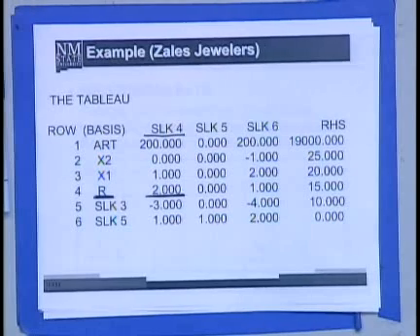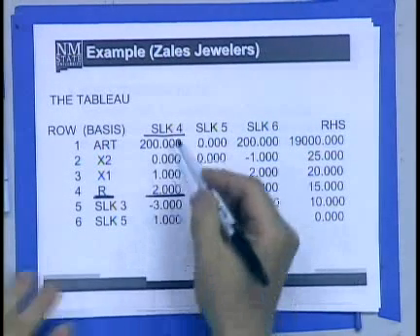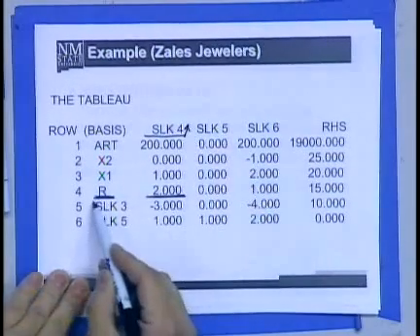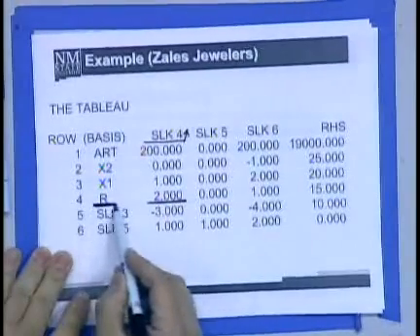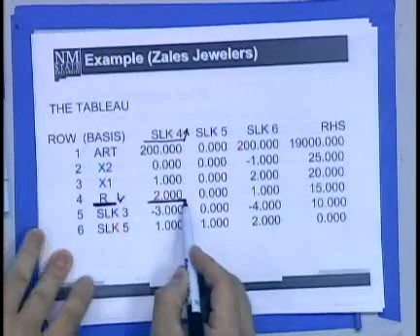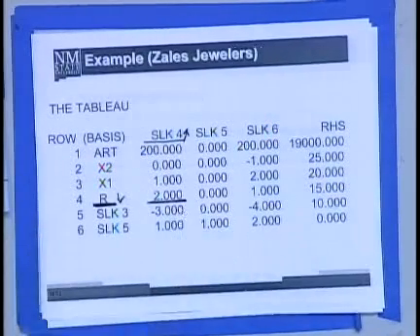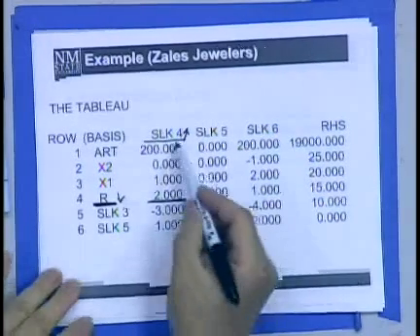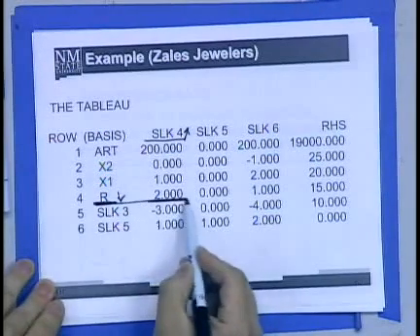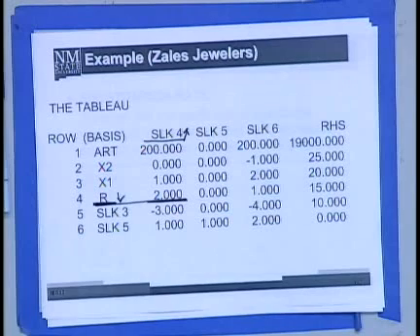What does it mean? As slack 4 increases, the basic variable, which is the R variable, decreases at the rate of 2. Which means an additional hour of slack 4 would substitute for 2 rubies. So the answer is decrease, right? Does that make sense?